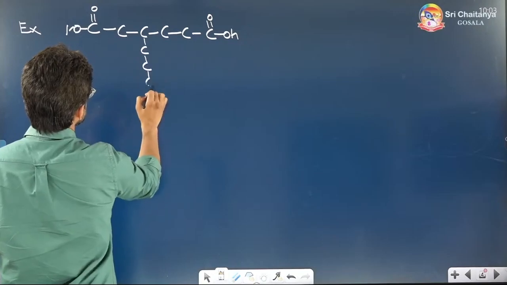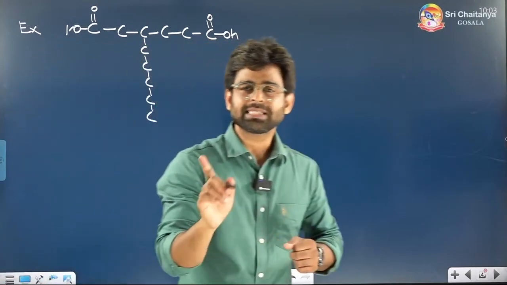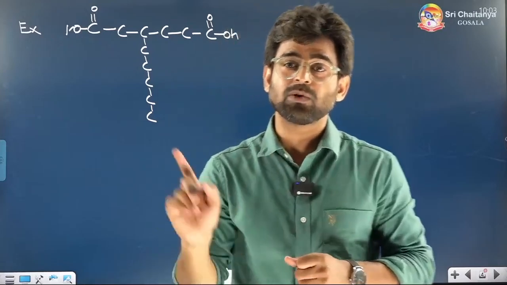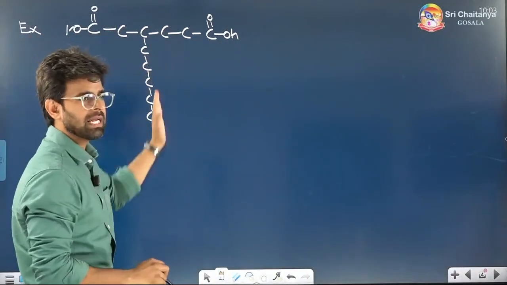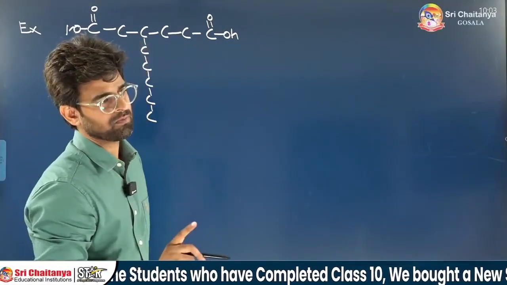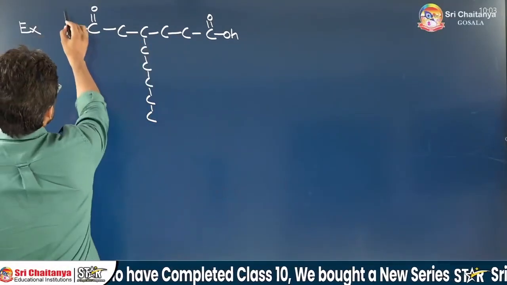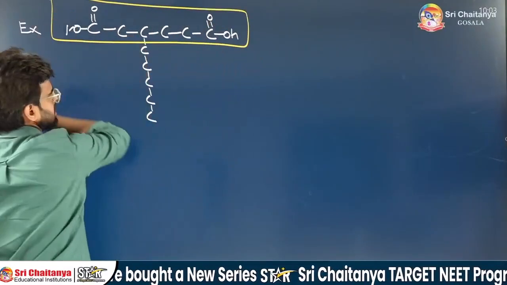Should I take the straight chain as my main chain, or the L shape? What is more important for me? The main functional group, right? So I will go like this.